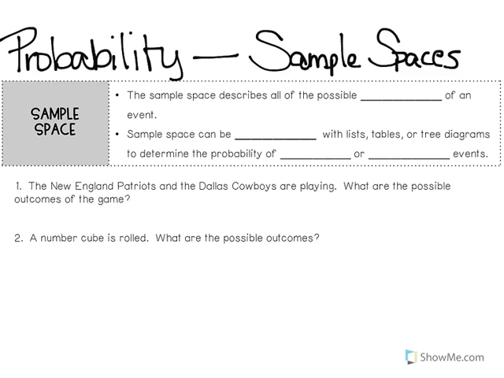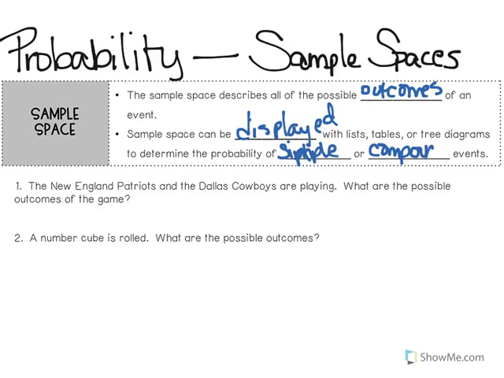So the lesson is sample spaces. The sample space describes all the possible outcomes of an event. It can be displayed with lists, tables, or tree diagrams to determine the probability of simple or compound events.